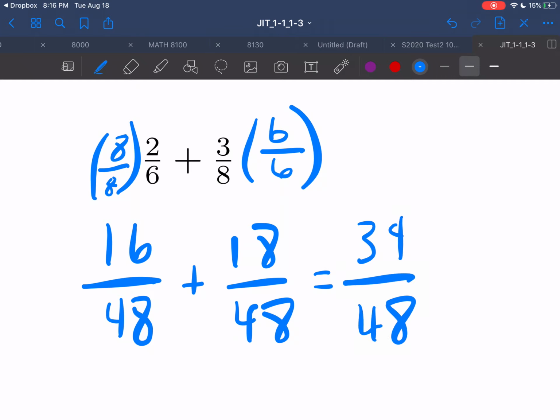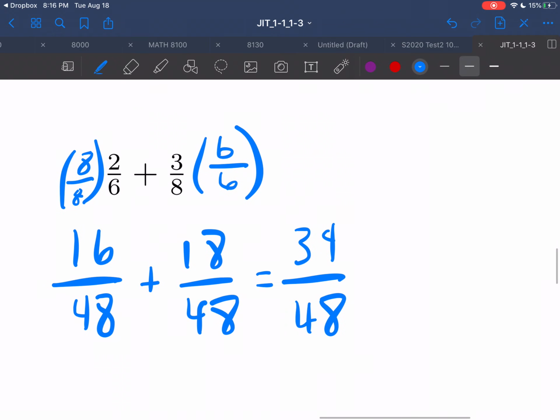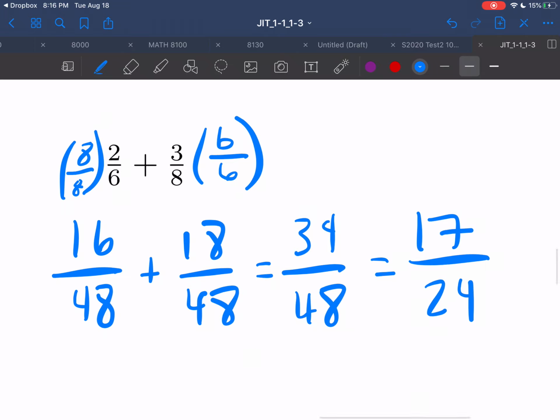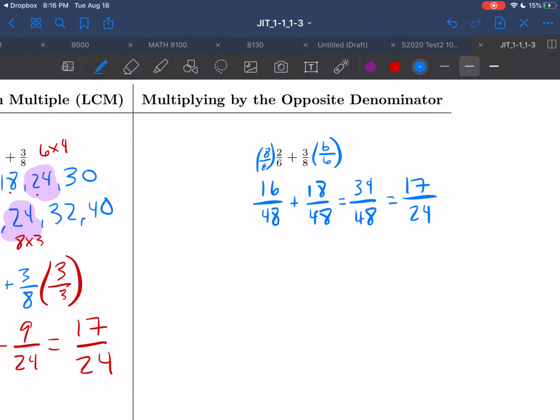If we were to divide this by 2, 34 divided by 2 is 17, 48 divided by 2 is 24. That would reduce on down and give us the same answer. Something to remember about this reduction step: you have to be able to divide both the numerator and the denominator by the same number. In this case, we could divide them both by 2. If that wasn't the case, then it would be in our reduced form.